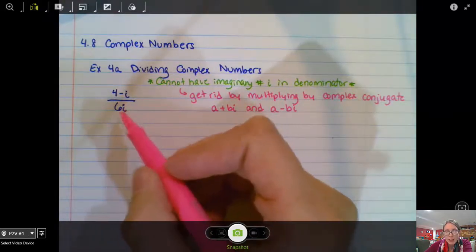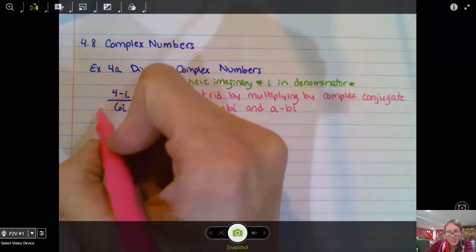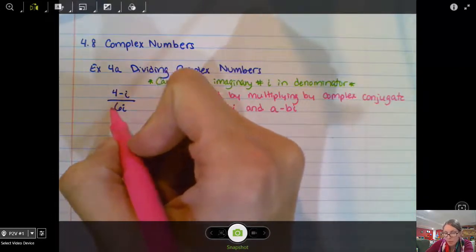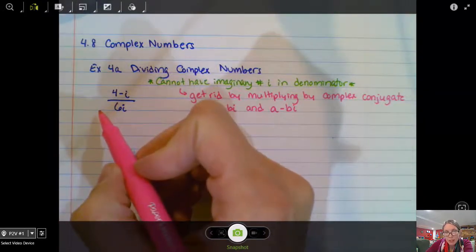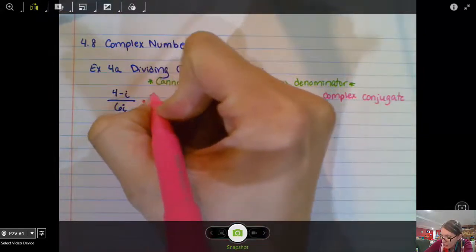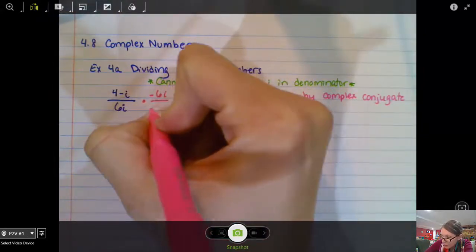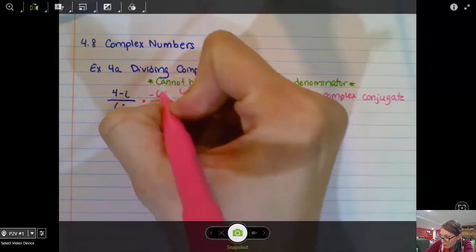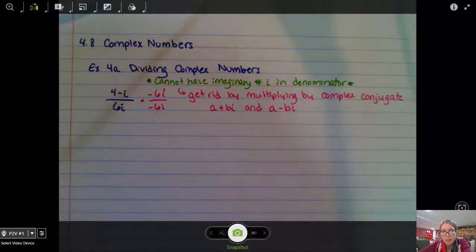I have a 6i in the denominator, which is kind of like I have 0 plus 6i. The complex conjugate would be 0 minus 6i, and I want to multiply by negative 6i on the top and the bottom of my fraction.